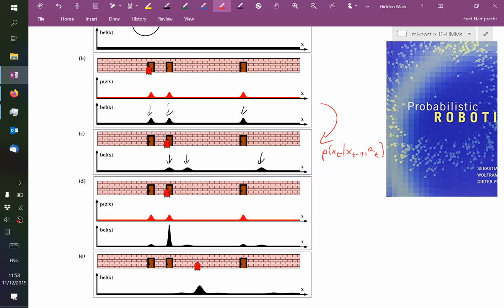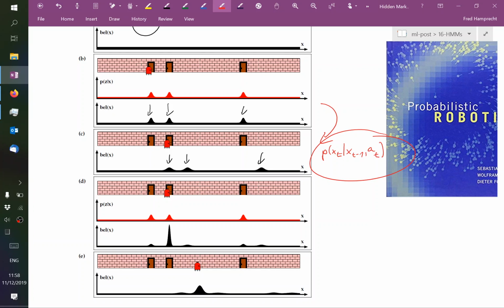So in words, what is this? What is this quantity here? Yeah, given that we were at a position xt minus 1, where does the action at t, so I don't know, maybe rotate the wheels around once, where does it move us?